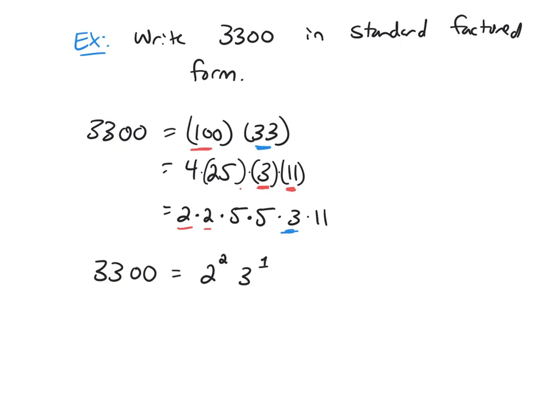Then I had 5, and there were 2 of those, so it would be 5 squared. And then finally 11 only occurs once, and the power would be 1. So here we've written the number 3,300 in standard factored form.